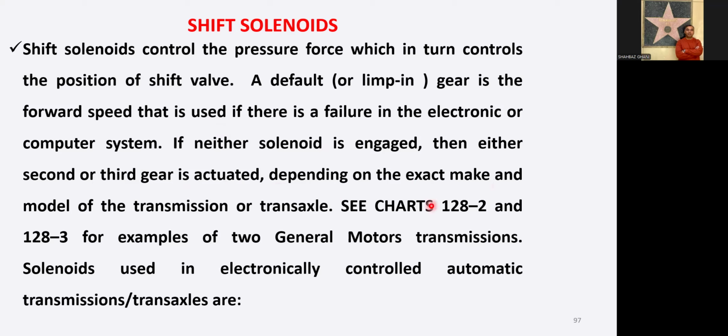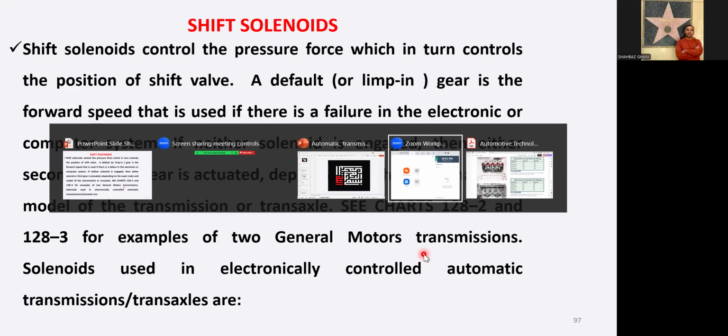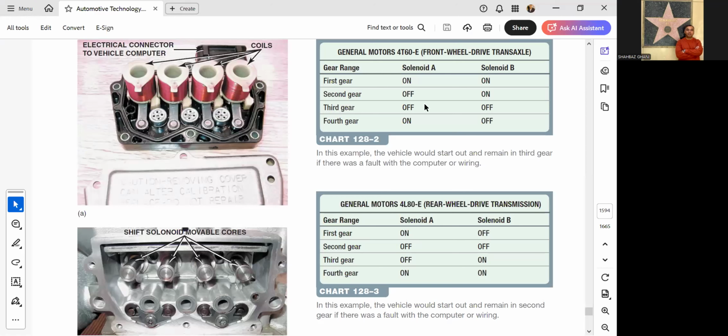Now we'll see this chart from the book, for example, of two General Motors transmission solenoid setups used in electronically controlled automatic transmissions. Let's see the chart first. This is your General Motors 4T60-E front wheel drive transaxle.